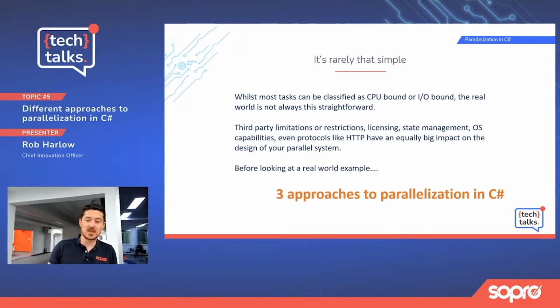State management, managing shared resources between systems, knowing when things are finished, and even the underlying protocols used, like HTTP 1 versus HTTP 2. It has a massive impact on how you design a parallel system. I'll go through a real-world example at the end, but before that, I want to take 3 approaches to parallelization that I tend to use in every parallel system I put together.